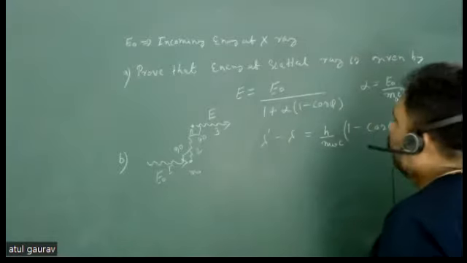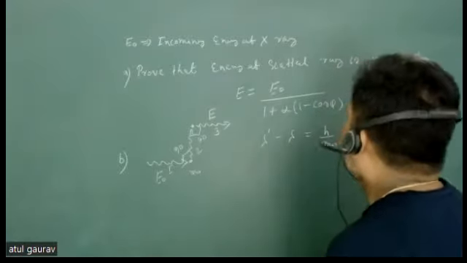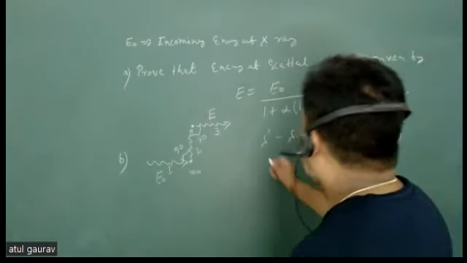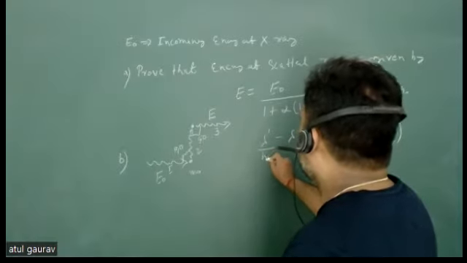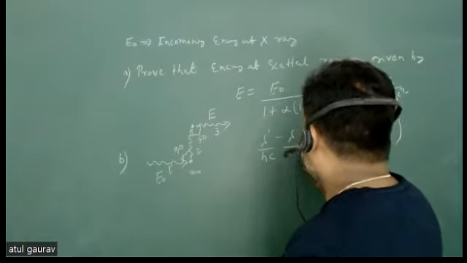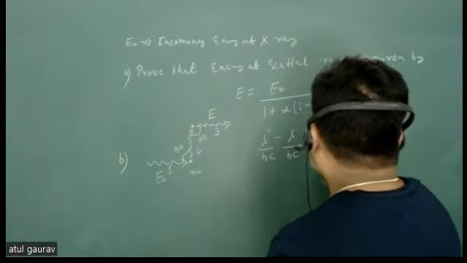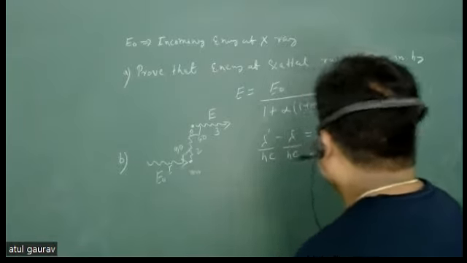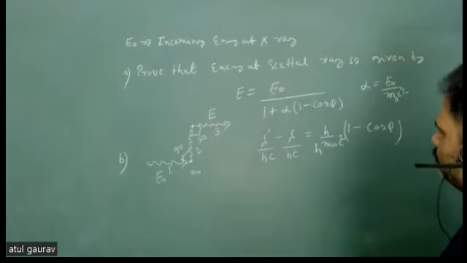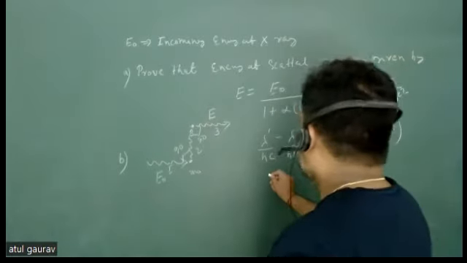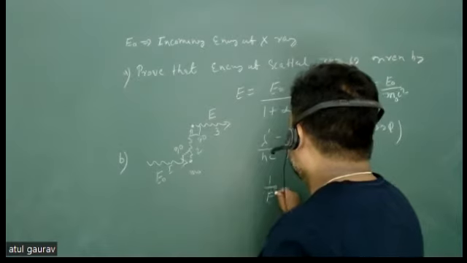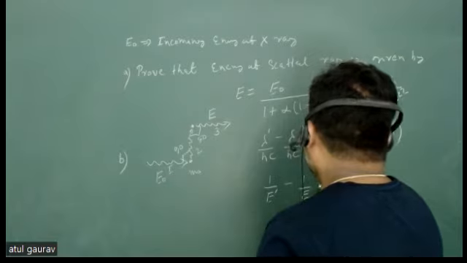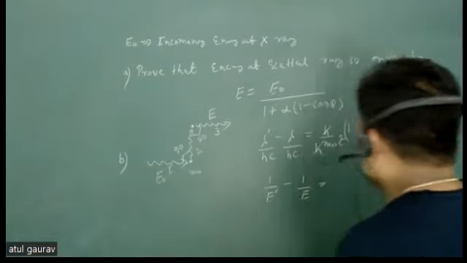Now, what is going to happen? Can we write it in terms of energy? We can write it, right? So how will you write it? I am multiplying by h and dividing by hc, and writing hc, so we again get h, and this will be c square. So 1 upon E dash minus 1 upon E equals this h, and this h cancels out.